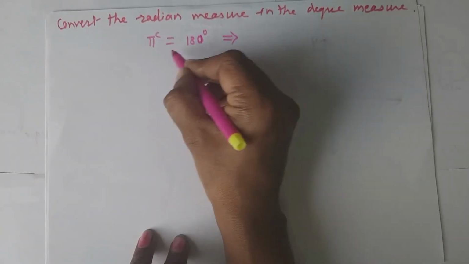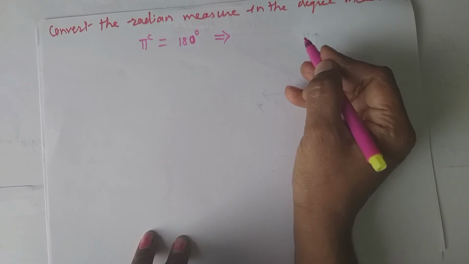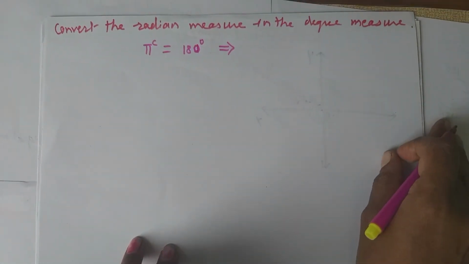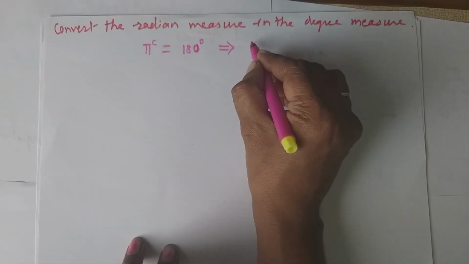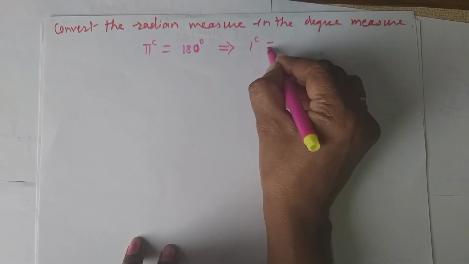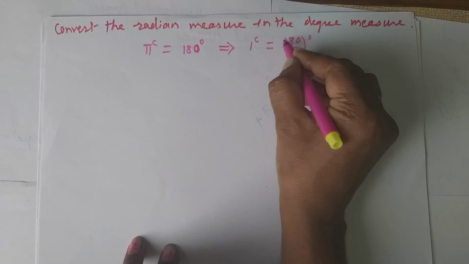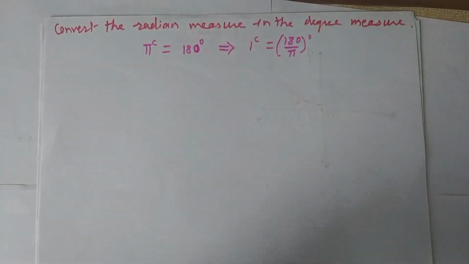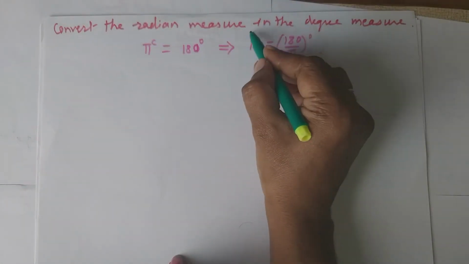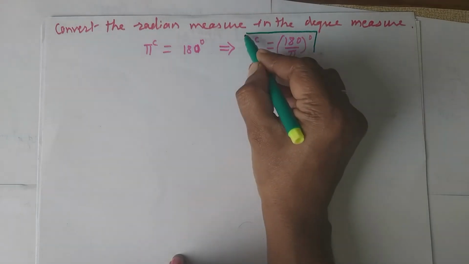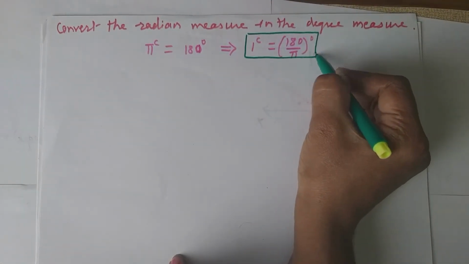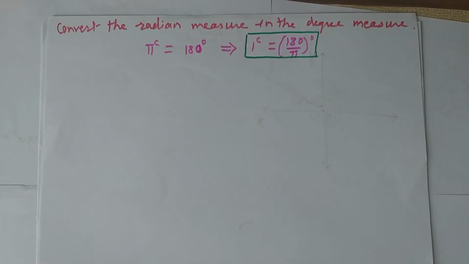From this, if I divide this equation throughout by pi, then I will get 1 radian is equal to 180 divided by pi. Now we will use this formula to convert radian measure into degree measure.